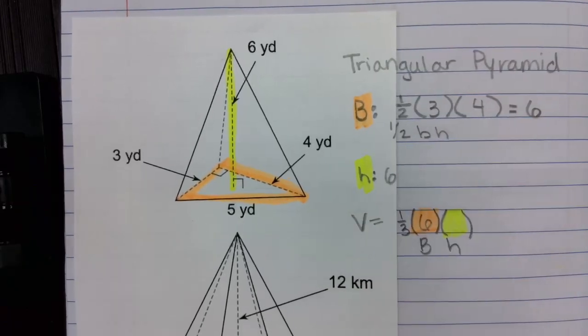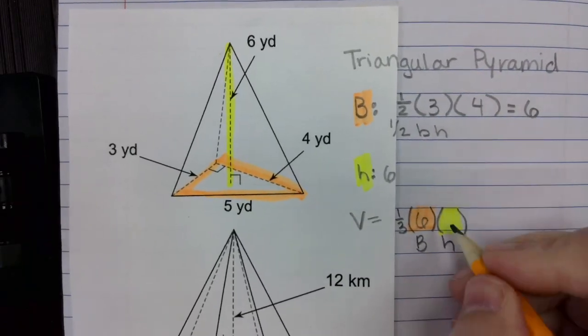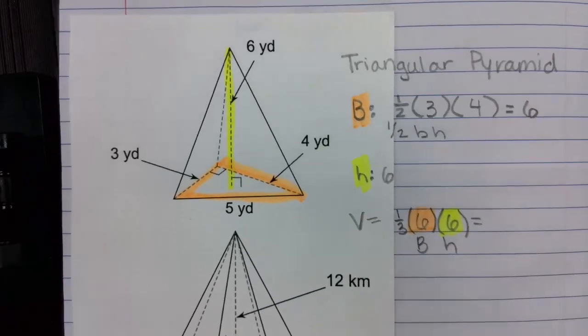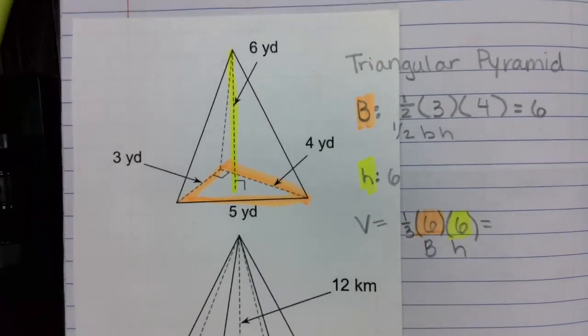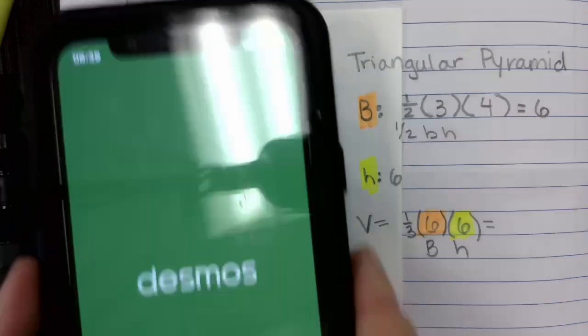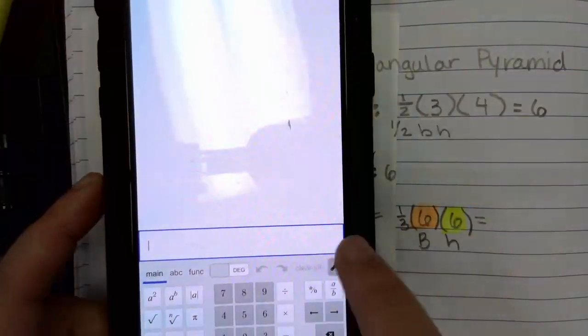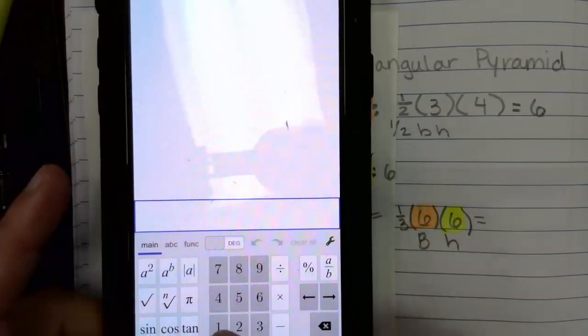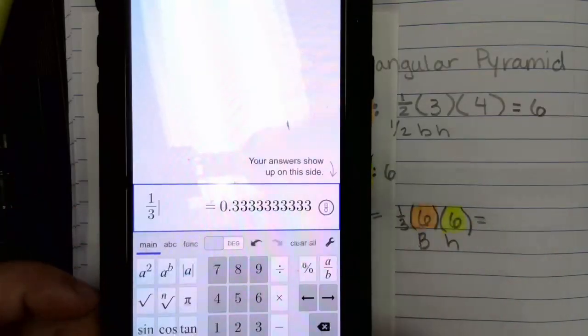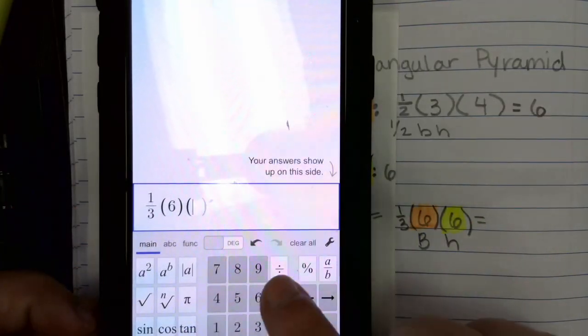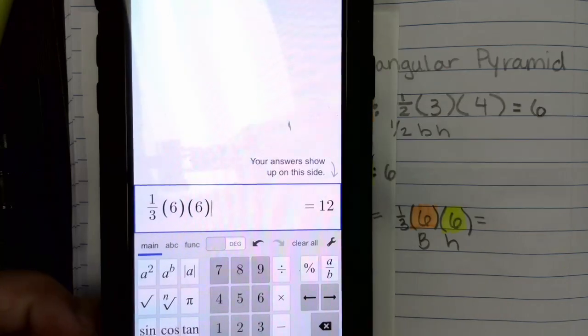I know. So 1/3 of 6 times 6. A third is like dividing by 3, so you could think 6 divided by 3 is 2, and then 2 times 6 is 12, or we can plug it into our handy-dandy calculator here. 1/3 times 6 times 6, and we get 12.